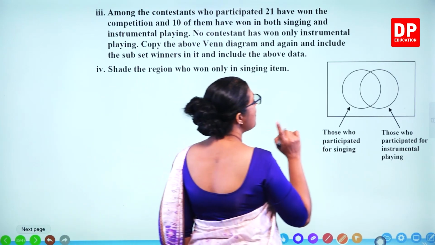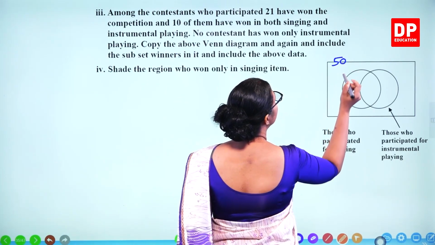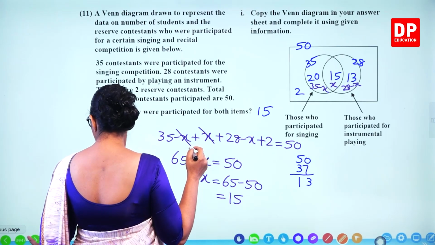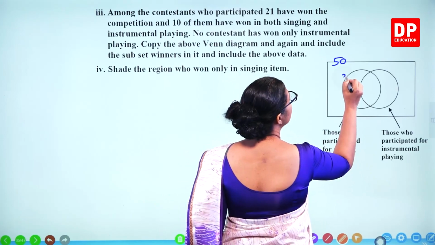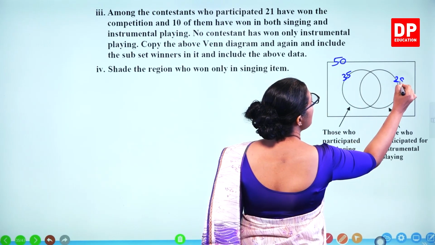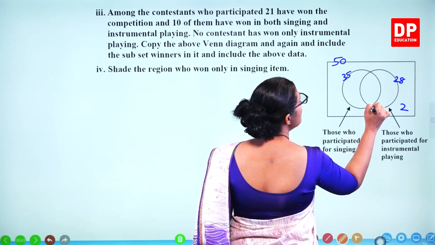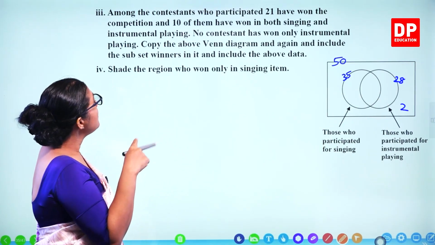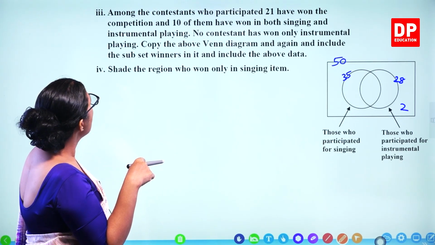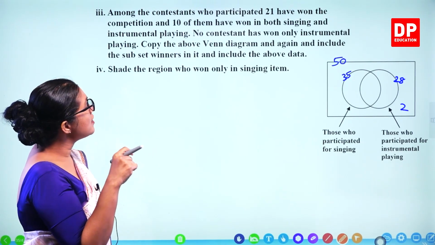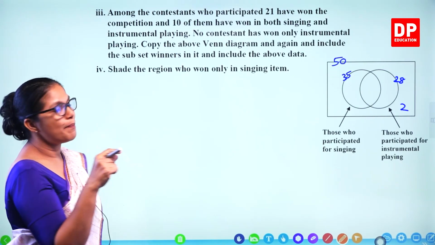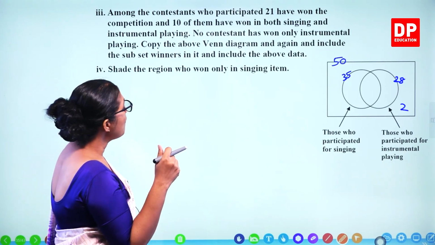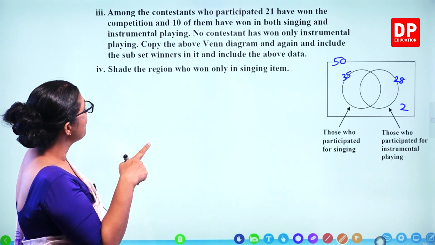Can you remember we had 50, 35, 28, 15 like that, 35, 28 and 2 and 15 inside. But now we have to change it. Now there's another circle. Among the contestants who participated, 21 have won the competition. Those who won the competition is another circle, so we have to put that circle there.